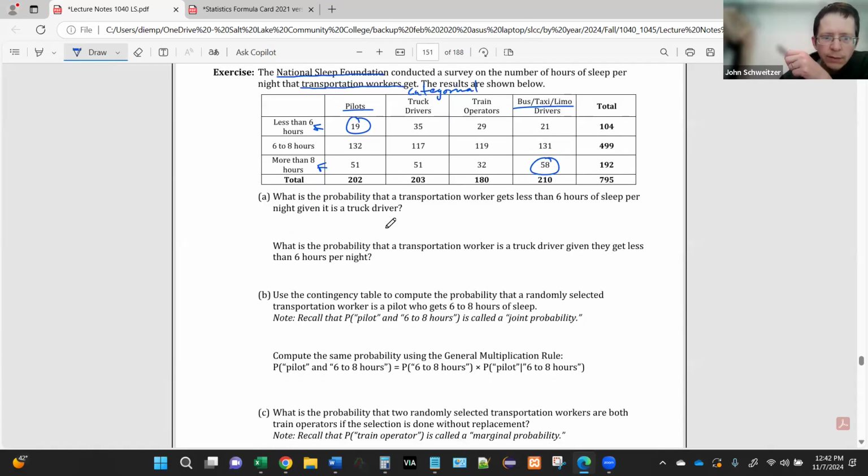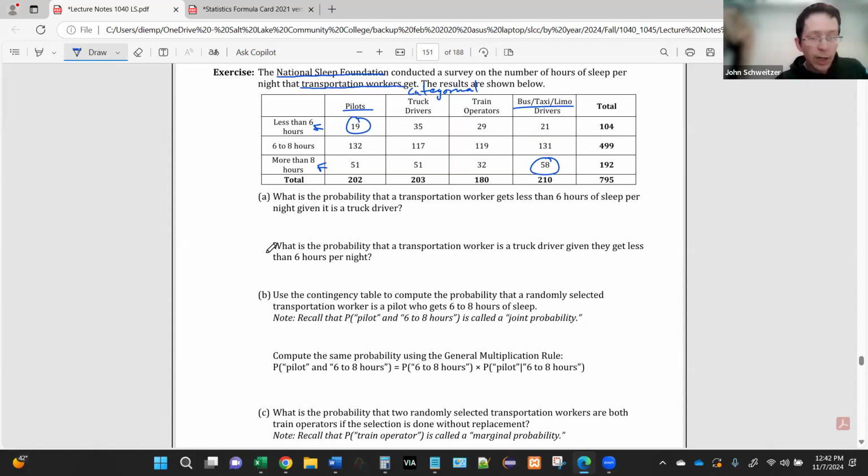So you guys give this a try. We've got several problems here, and we don't have a lot of time. We've got about 8 minutes, so you could probably get a couple of these done, and then we'll finish up next time. But definitely give this a try. I want you to pull out that multiplication rule and the conditional probabilities.